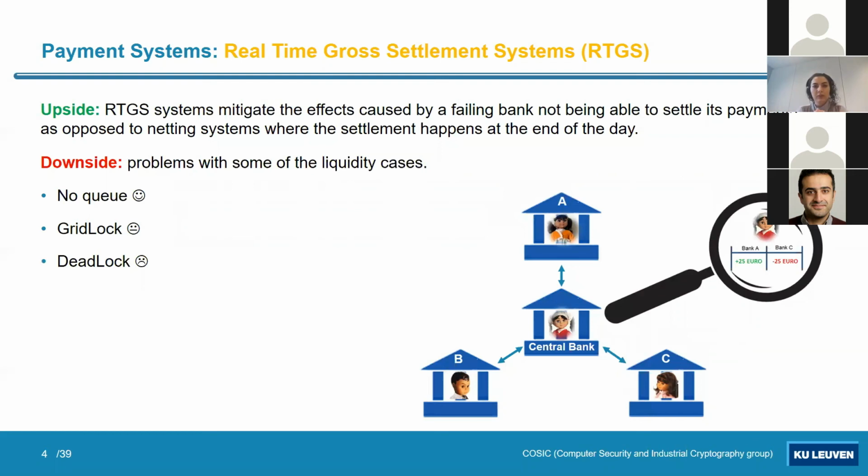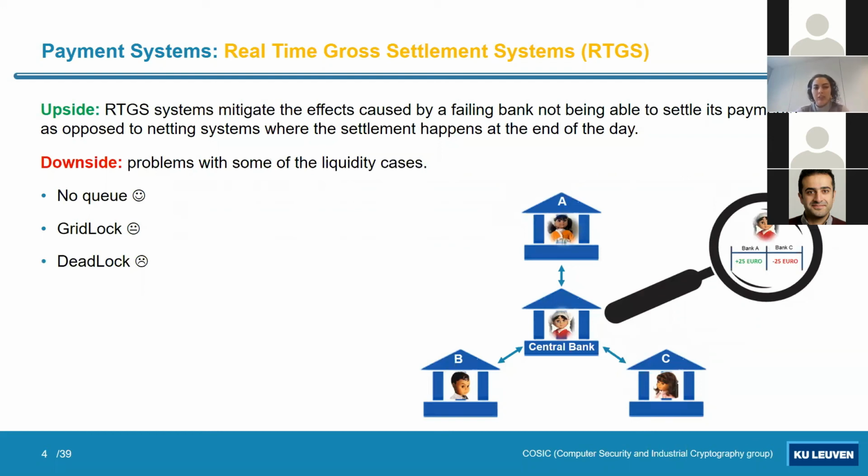The downside is the problem that this system may have with some liquidity cases. We have three different types of liquidity cases: no queue, gridlock, and deadlock.